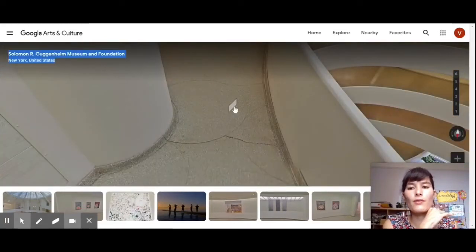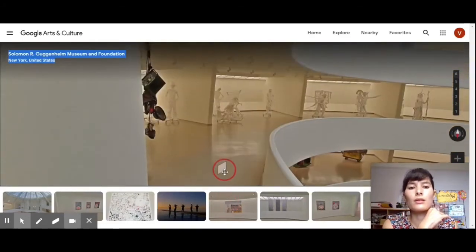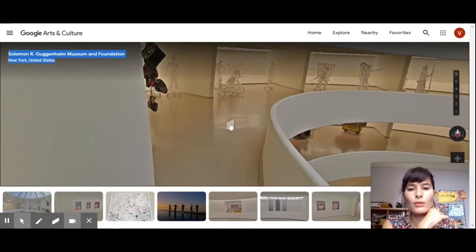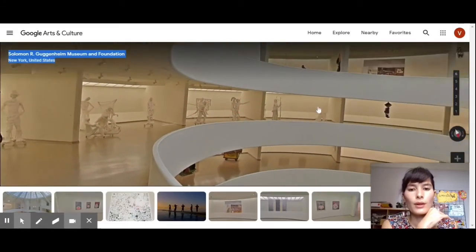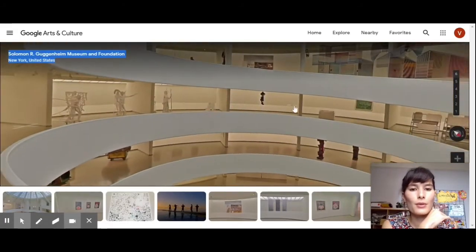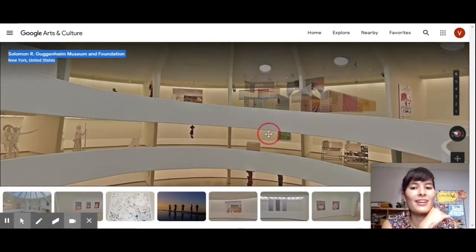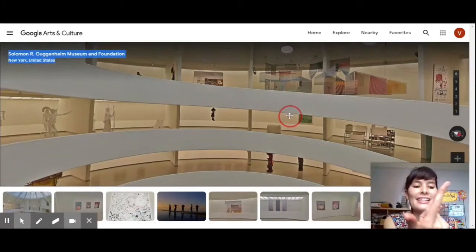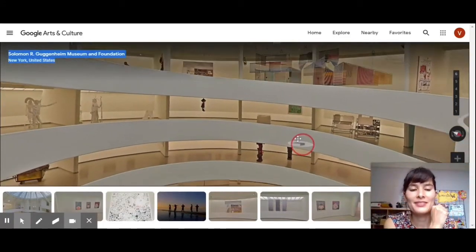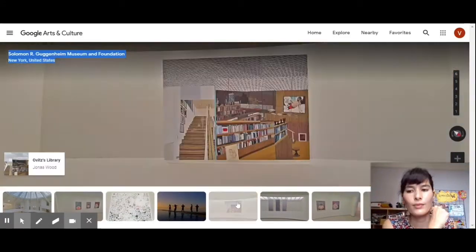Just don't want to fall off the balcony. Okay, I guess I can't really go that much further, but we can look at what. So we're winding down the stairwell. All right, let's try something else.